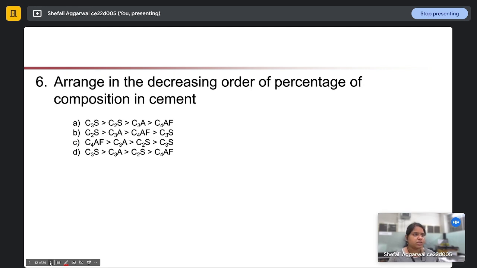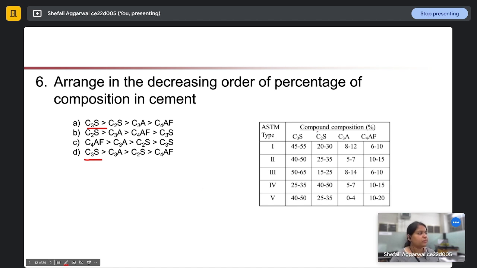The next question is, arrange in the decreasing order of percentage of composition in cement. Which will have the highest percentage in cement? C3S, right? After that, C3A or C2S, which will have more? If we see the normal composition of the different compounds of cement, we have 45 to 50% everywhere, not taking type 4, which is high alumina cement.